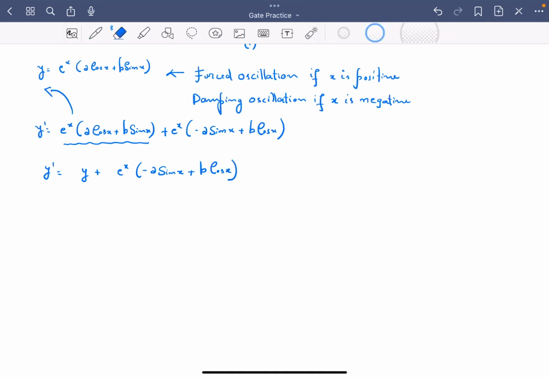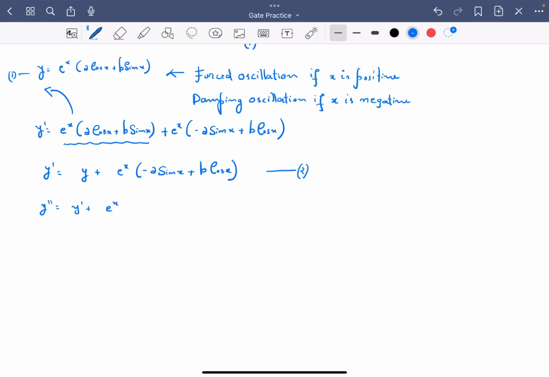Taking derivative on both sides again, let this be equation number 2. This is equation 1, so that we don't get confused. Taking derivative, y double dash is equal to y dash.